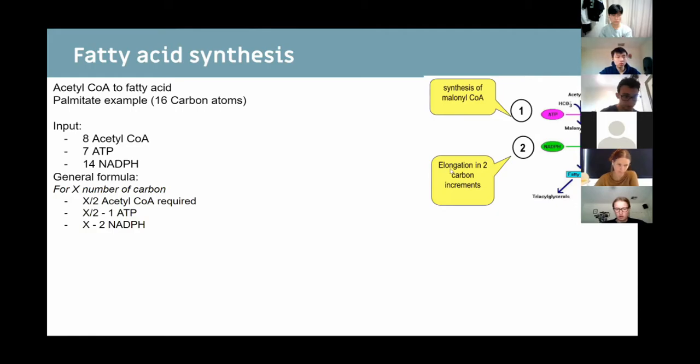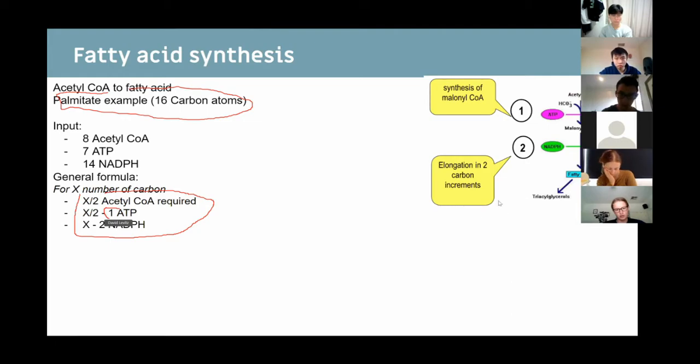You went through something similar last week. They like to use 16 carbons as an example. This is a formula to know what ingredients are required to synthesize fatty acids. Something you can probably look through in your own time. Important to remember, you require ATP.